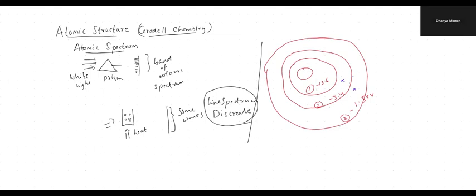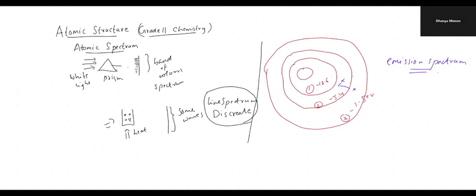So when the electron loses energy and returns back to the lower energy level, it gives out radiations, and the spectrum that is formed is called emission spectrum.